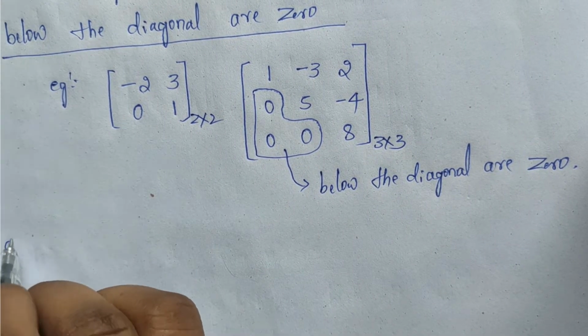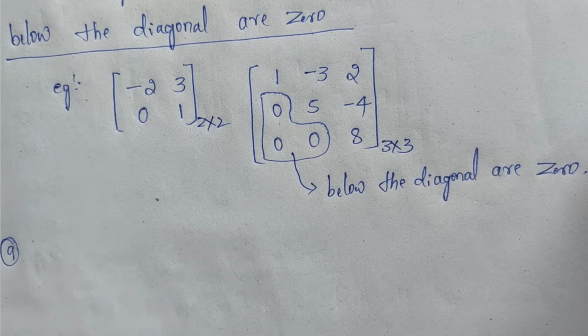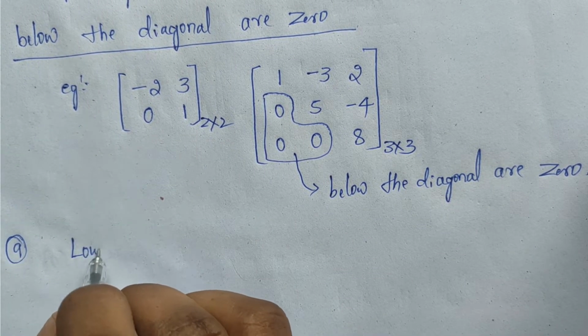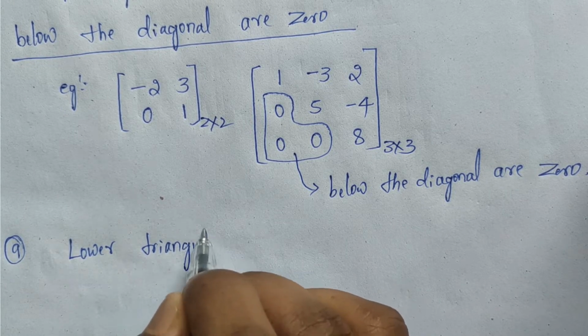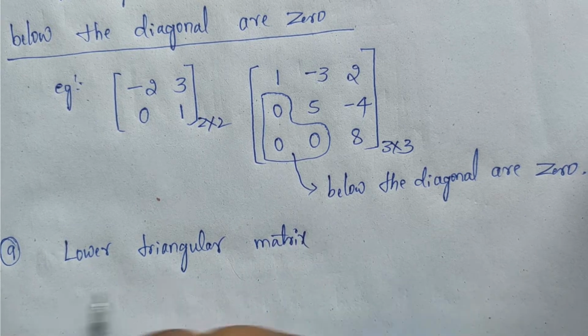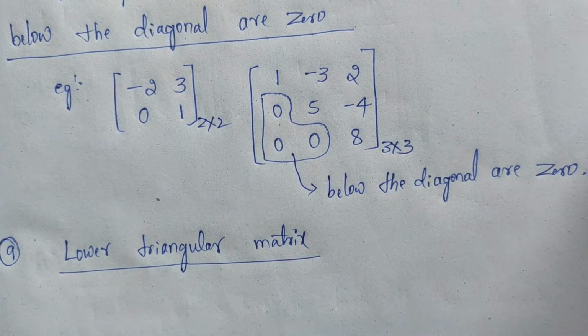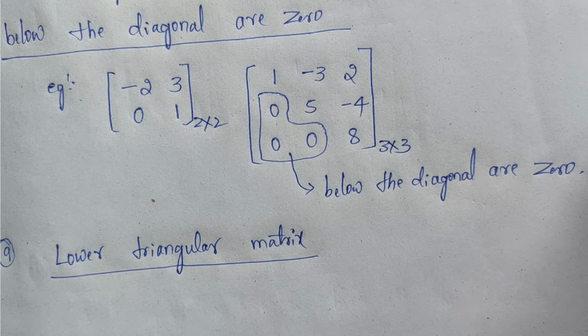Next, ninth one, lower triangular matrix. A square matrix in which all the elements above the diagonal are 0. Upper triangular matrix: below the diagonal are 0.